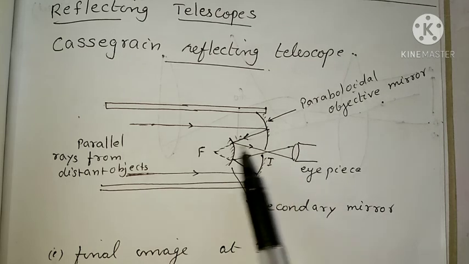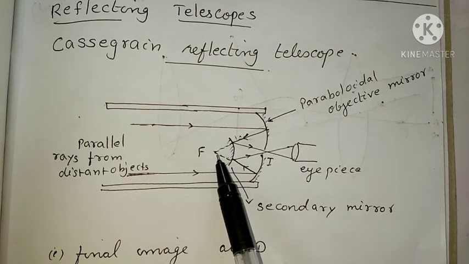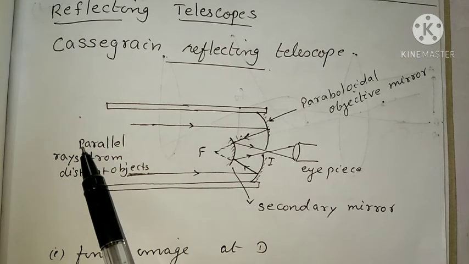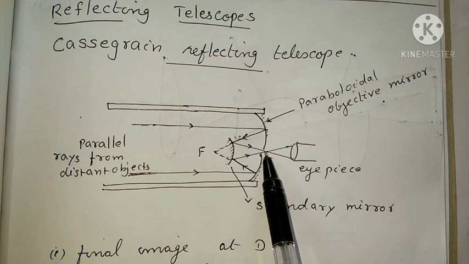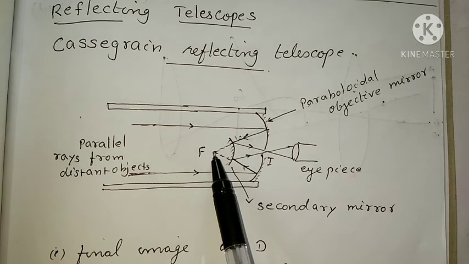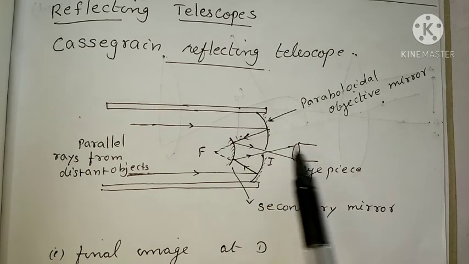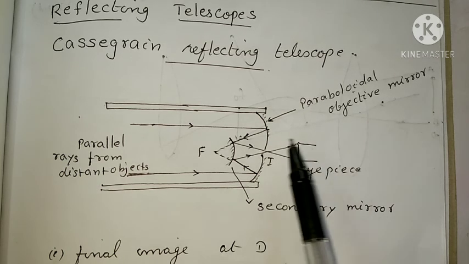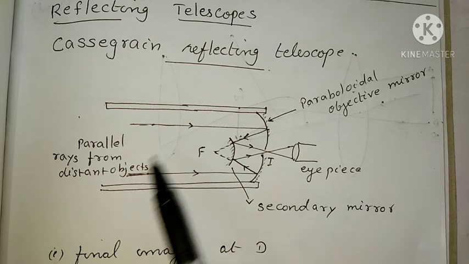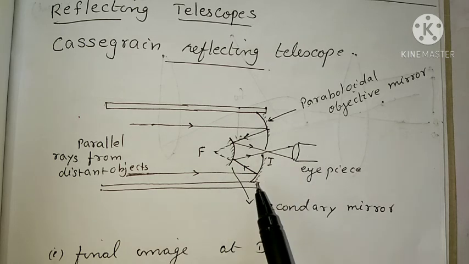The first image F is inverted with respect to the distant object. The second image I is erect with respect to the first image F. Hence, the final image is inverted with respect to the object. So this is the working principle of the Cassegrain reflecting telescope.